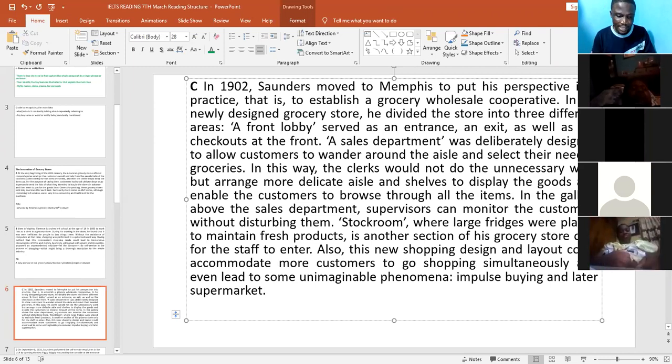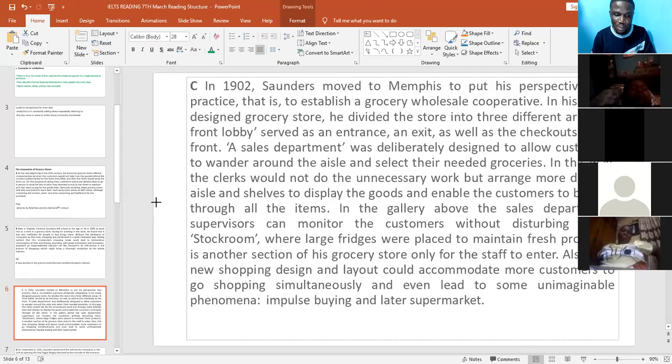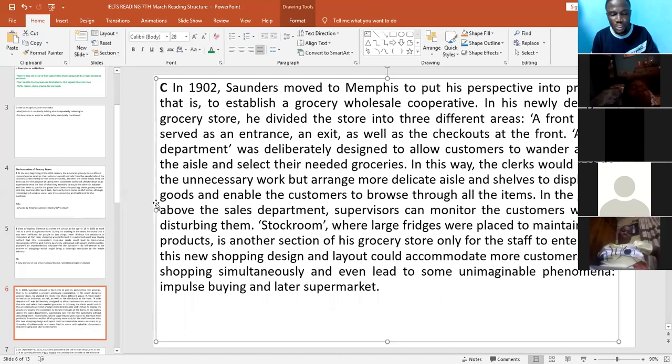Okay, the main idea here, sometimes you don't even need to use the same words, because when you capture the main idea, you may use a different language. When I capture the main idea, I may use different language. But the whole essence is that you have captured the main purpose of the paragraph. So here, what I will call PC: Sanders' idea of store implemented.